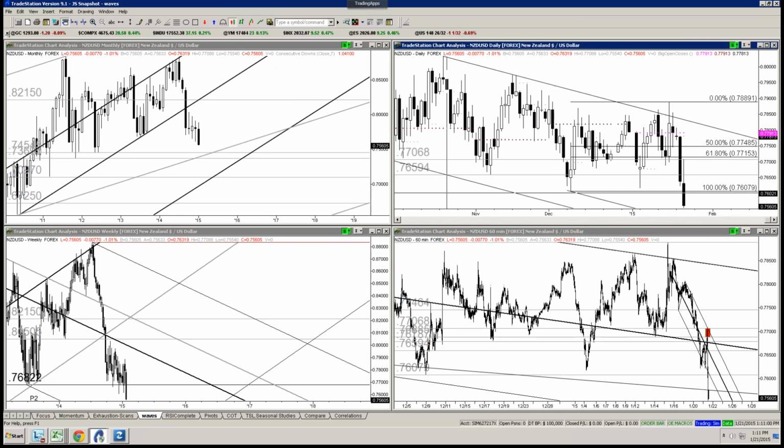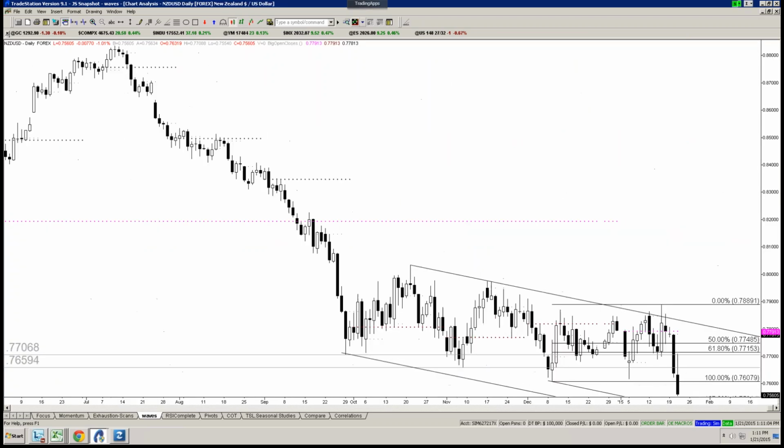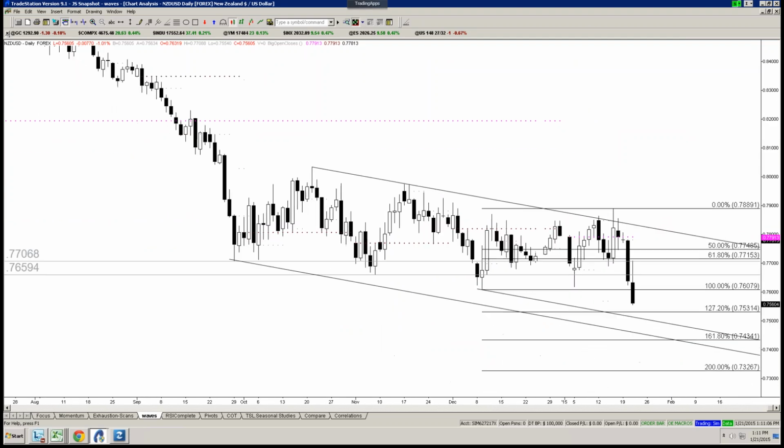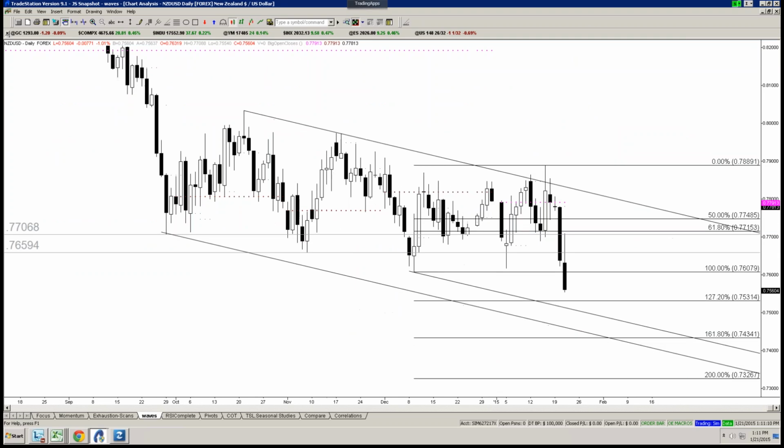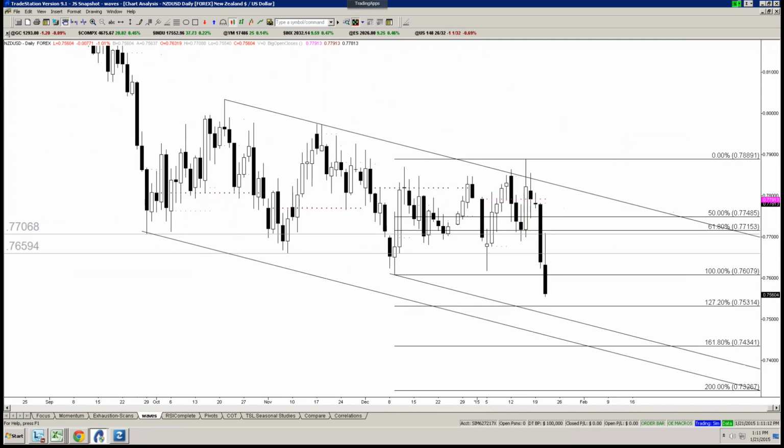Another reason why I really like the Kiwi on the short side is a very simple way of thinking about supply and demand. Markets go into trend, they go into consolidation. If everything from September is a continuation pattern of sorts, it's an extremely bearish continuation pattern because the pattern itself is downward sloping.